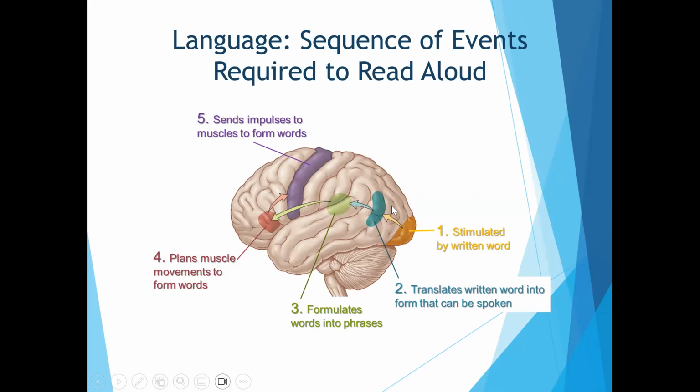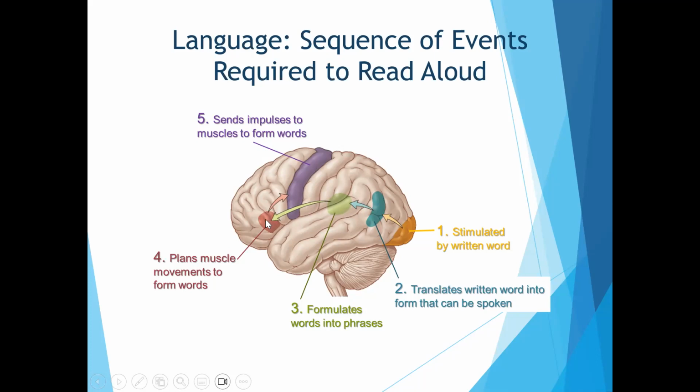There's then a transfer from written to our thought about the spoken word. We then actually form that word. That's known as Wernicke's area, and that helps us turn words into sentences. The Wernicke's area then passes to Broca's area.